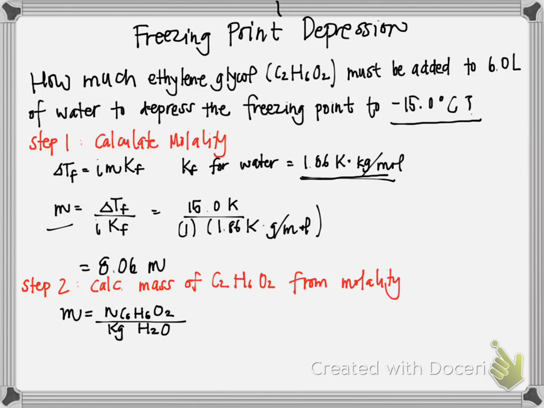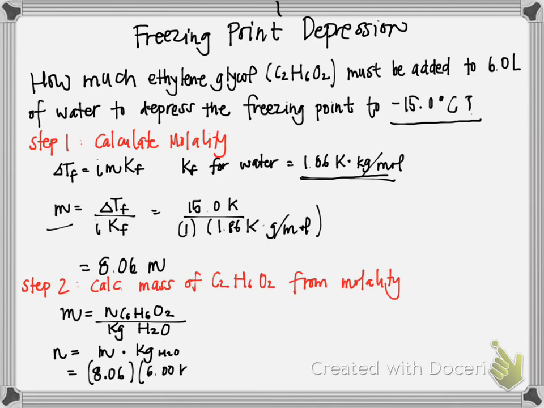If we look at our given, we are given 6 liters of water, which I can convert for the denominator using the density. 6 liters of water is going to be equivalent to 6 kilograms. And we're going to calculate the number of moles of the ethylene glycol.